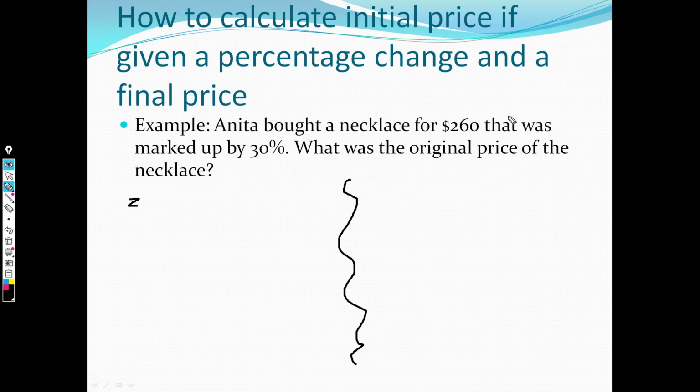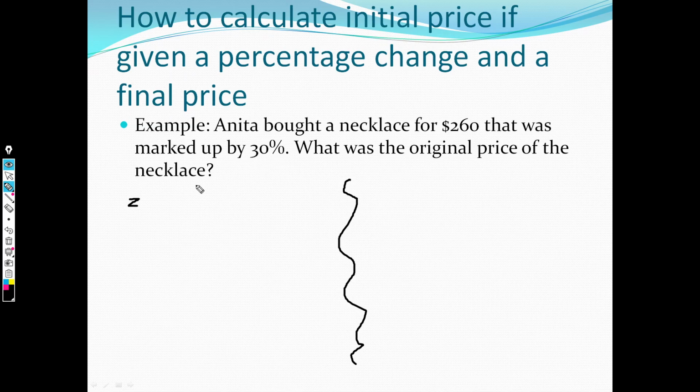So you have to think about how you can translate this backwards. What does this translate into? Backwards, it means that I've got an original price and I increased that original price by 30%, and I should get 260. Now, if you increase an original price by 30%, that means that your original price, which was originally 100%, is now increasing by 30%, and therefore is increasing to a value that is 130% of the original value.